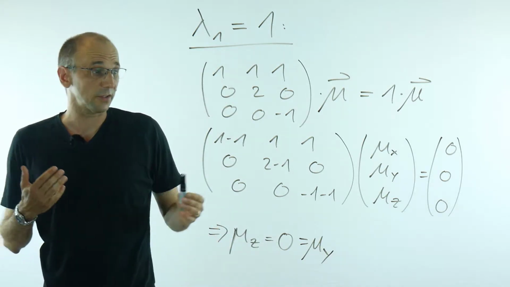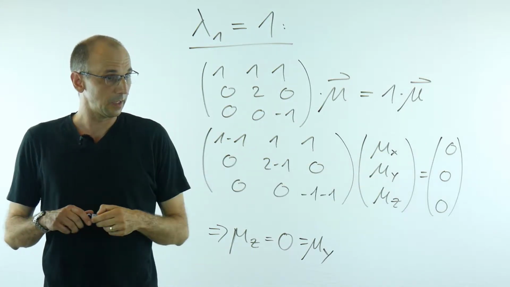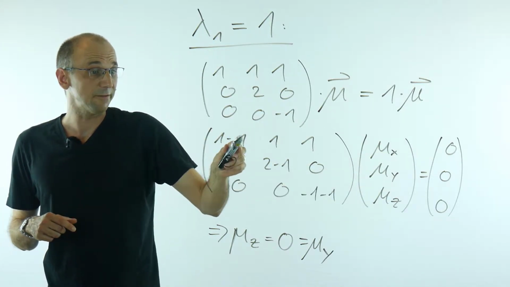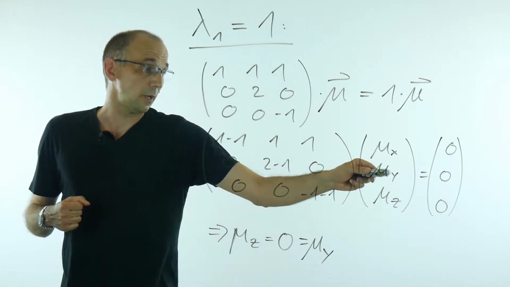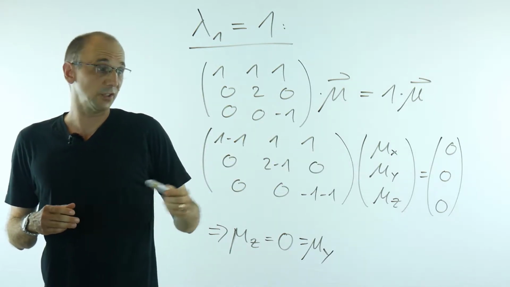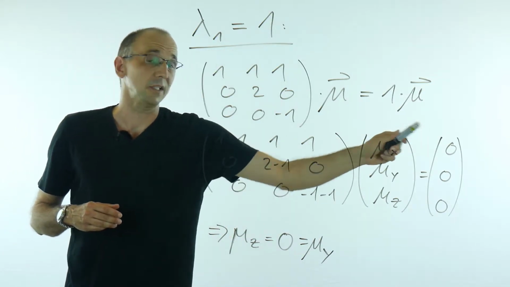The only term that's not 0 will be here, because here I have 0 times mu x, which is 0, 1 times mu y, which is 0, and 1 times 0. So here I have 0 is equal to 0.